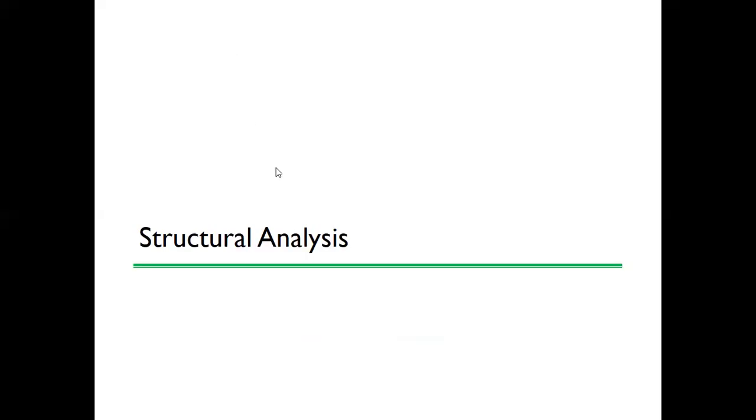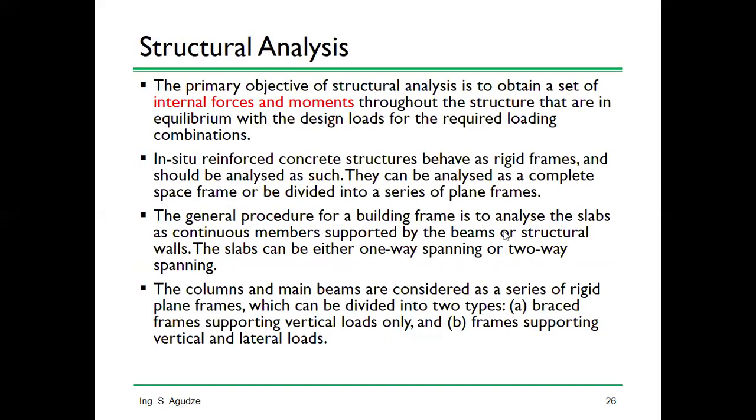So we look at what we call structural analysis. Now, after all this loading stuff, you have to do the analysis to get the internal forces and the moment and so forth. When it comes to reinforced concrete, they behave also as a rigid frame and should be analyzed as such.